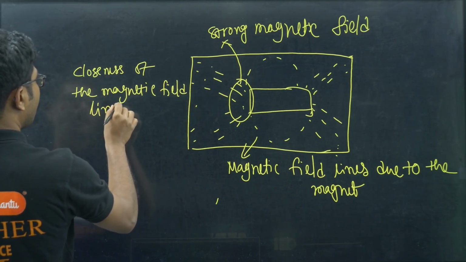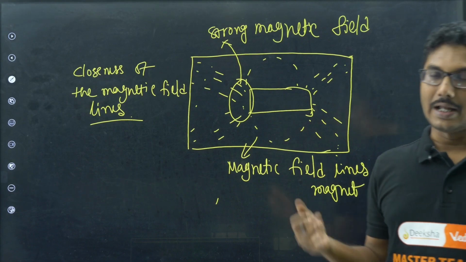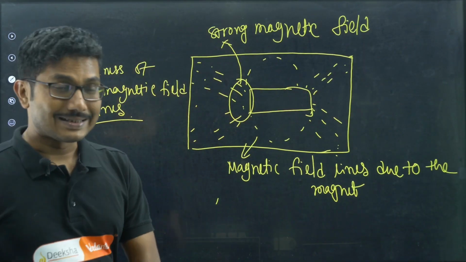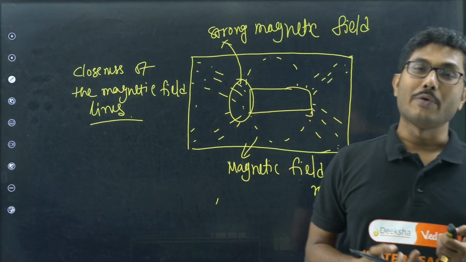The closer they are, the stronger is the magnetic field; the further they are, the weaker is the magnetic field. As simple as that, right. So, we have completed today's lecture, today's test.